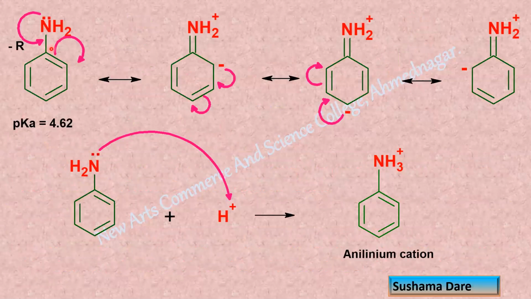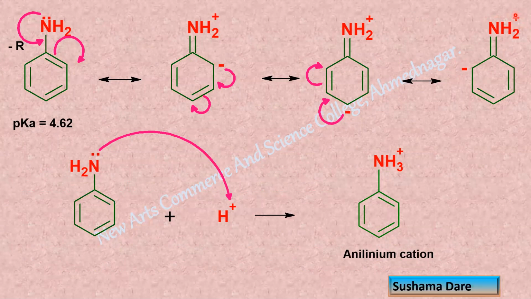Now look at how the electron pair present on the nitrogen atom is involved in delocalization. The nitrogen electron pair transfers towards the ortho carbon, so the ortho carbon gets a negative charge. Then it gets shifted towards the para carbon, so there is a negative charge on the para carbon. Again, due to this delocalization, the other ortho carbon has a negative charge. Look at the nitrogen atom: as it donates its electron density to the aromatic carbon, no electron density is available with this nitrogen, that's why there is a plus sign.